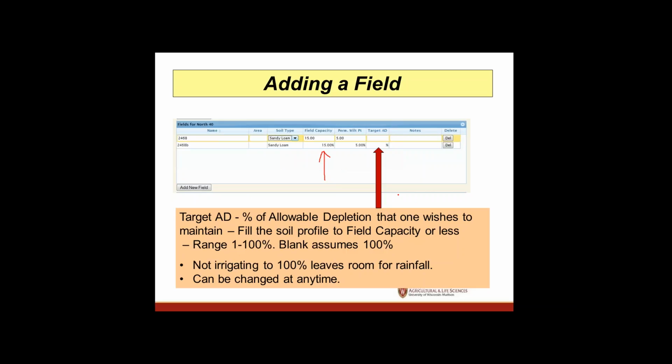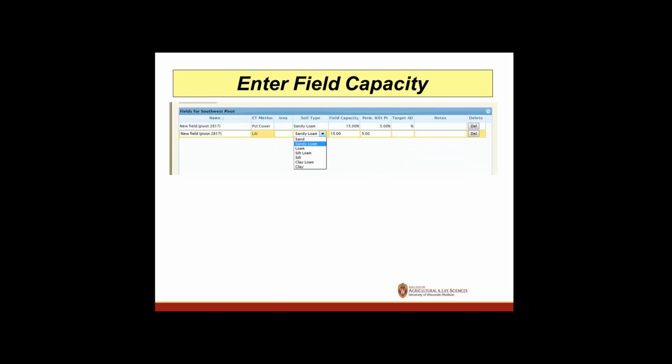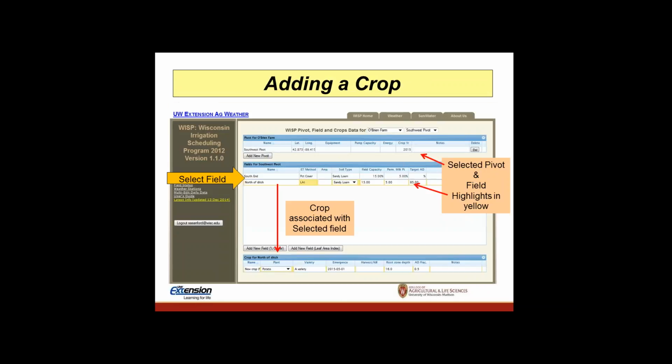If you're not irrigating it to 100%, then that allows some room for rainfall. And this can be changed any time. So this is the top level we want to fill the soil profile to. I had these out of order here. So that's where I'd enter the field capacity.